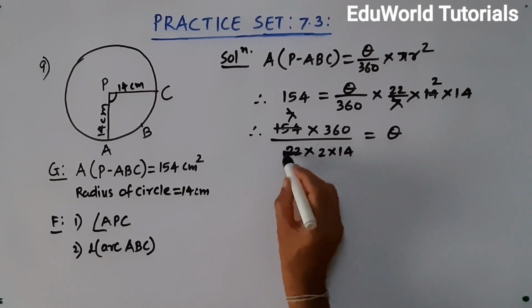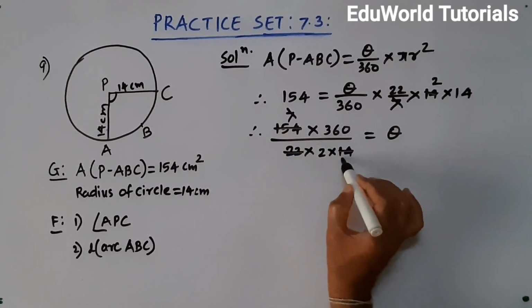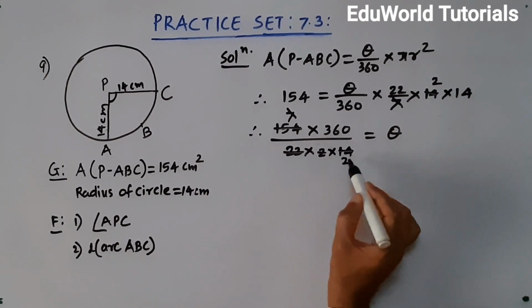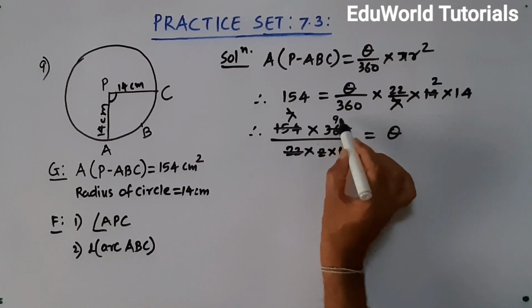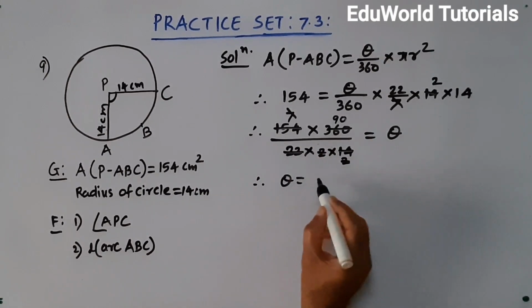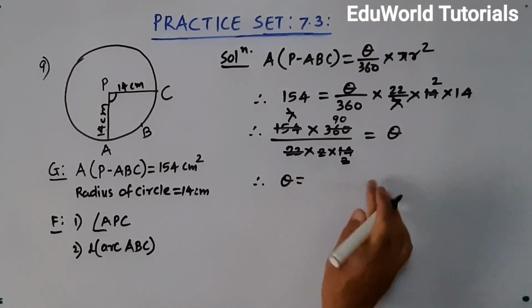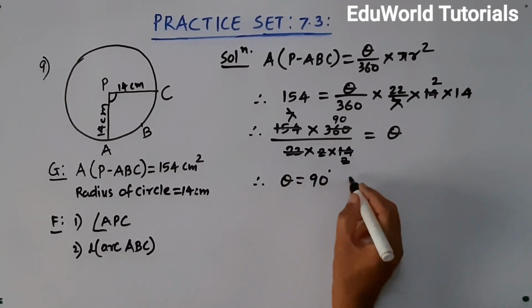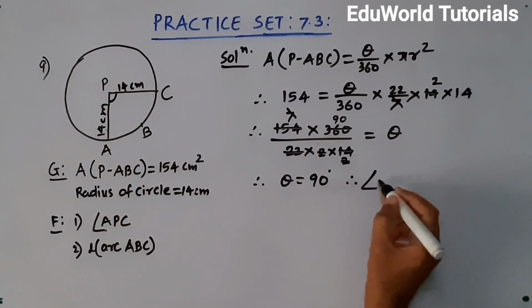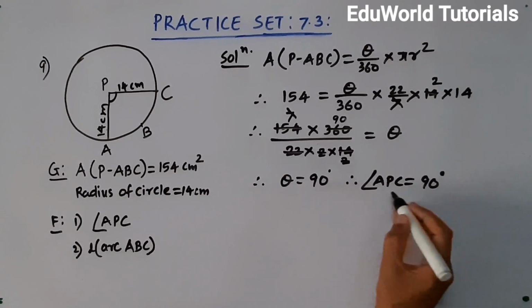And then I cancel this, 22 sevens are 154, and then this 7 2s are 14. And finally now 360 upon 4. So this will be cancelled by 90, 90 4s are 360. So theta is 90 degree. Theta is nothing but angle APC. Therefore, angle APC is of measure 90 degree.